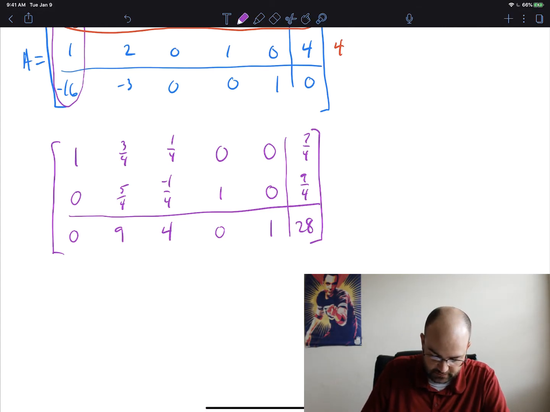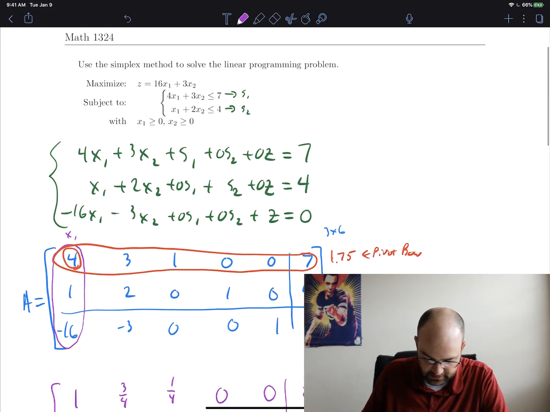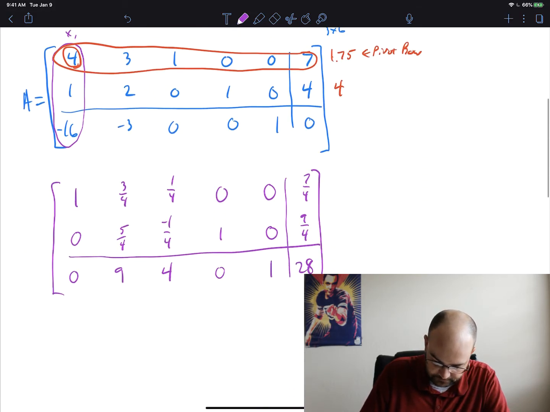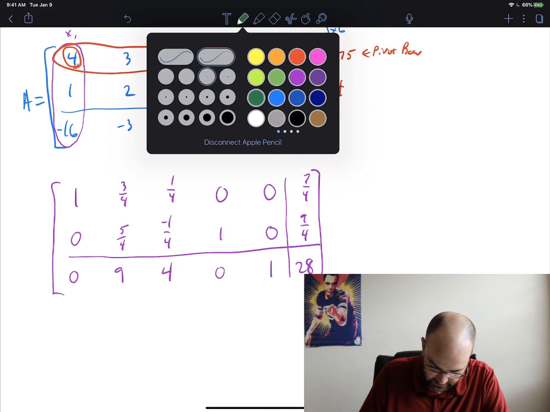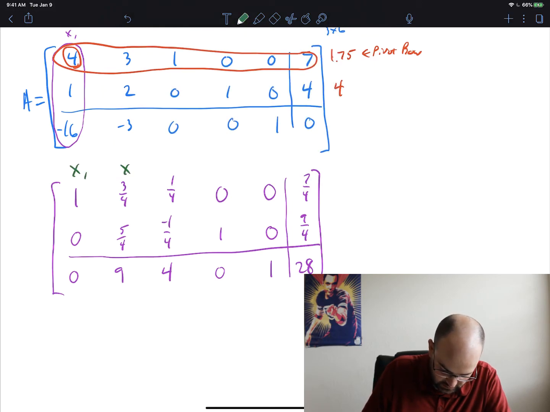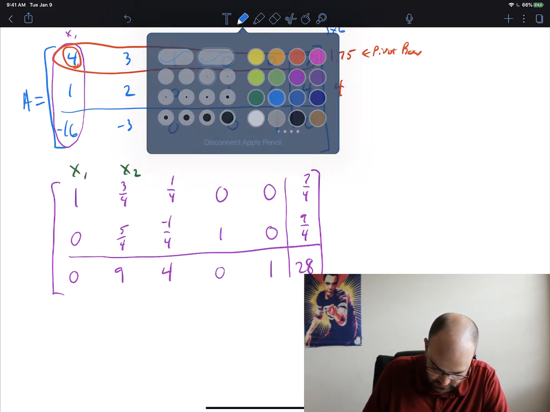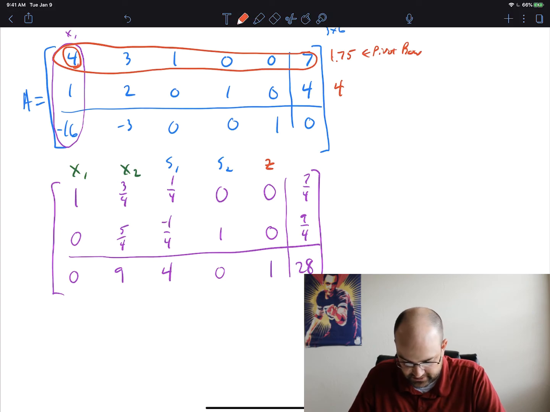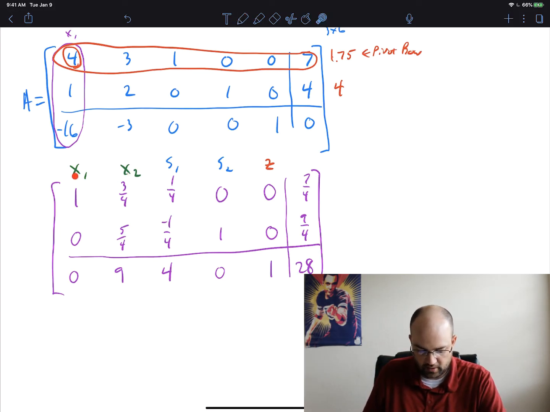Now, just to remind ourselves, above these, let's write down our variables of x1, x2, s1, s2, and z. I did those different colors because the x's are our actual variables. These are our slack variables, and this is our objective.